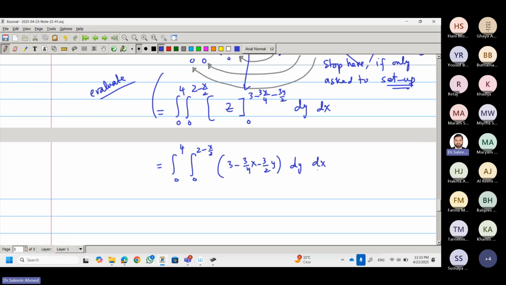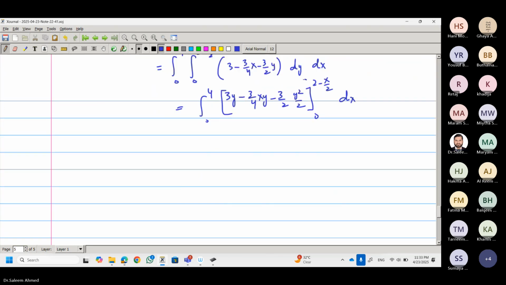So now I can integrate with respect to y. So this becomes 3y minus 3 by 4 xy minus 3 by 2 y square by 2, right? So the limits of y are 0 to 2 minus x by 2. And then only one integral is left, which is dx. So now you will put the values of y here.